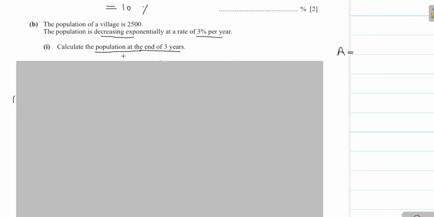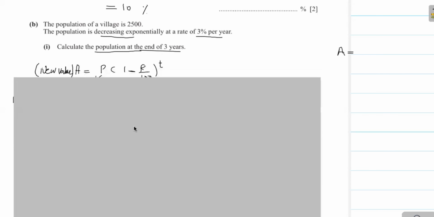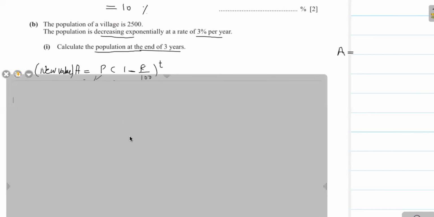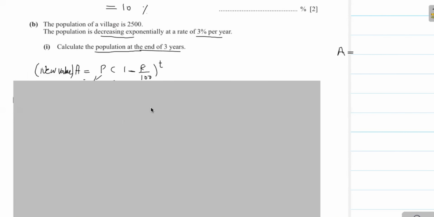To calculate the exponentially decreased population value, we will use the formula A equal to P into 1 minus R over 100 power T. A is the new value, the final value, and P is the initial value here, and R is the rate.